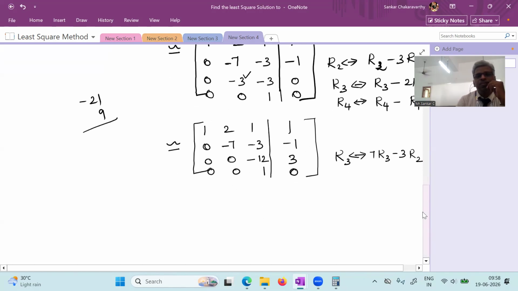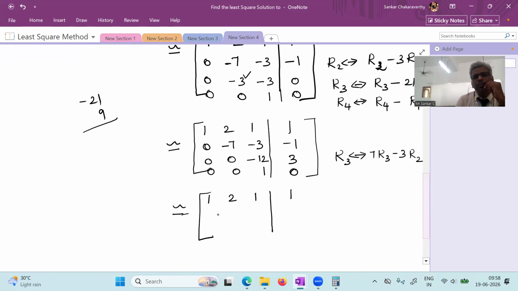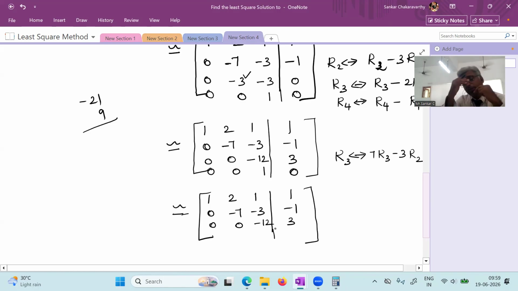Now, you have to fix the first 3 rows as they are: 1, 2, 1, 1; 0, minus 7, minus 3, minus 1; 0, 0, minus 12, 3. Now by taking the third row, you have to make the last row's first non-zero element 0.